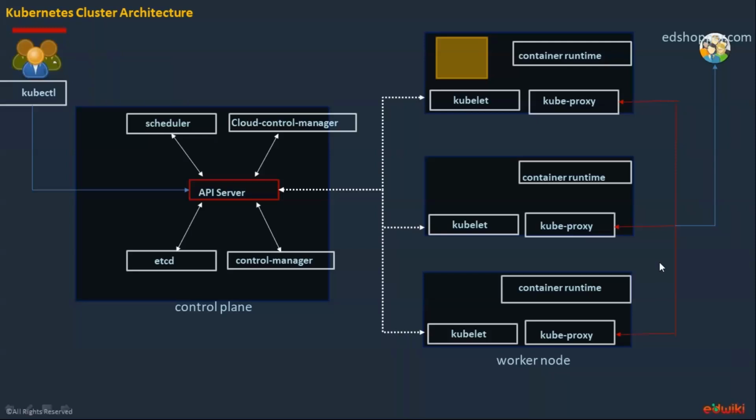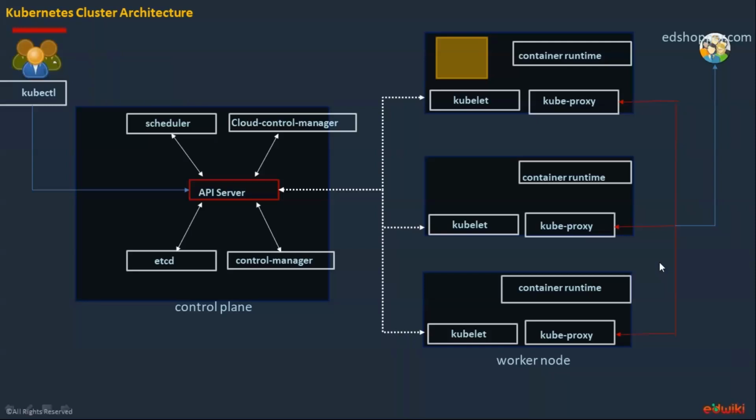Let's say in your account you have some 50 EC2 servers, right? How would your control plane know which EC2 server to connect with to run a container? So however many worker nodes you want to use in this cluster, all those worker nodes must be registered with the API server.